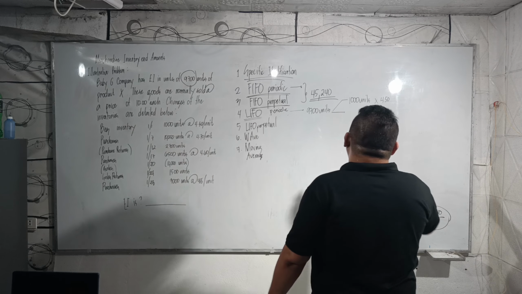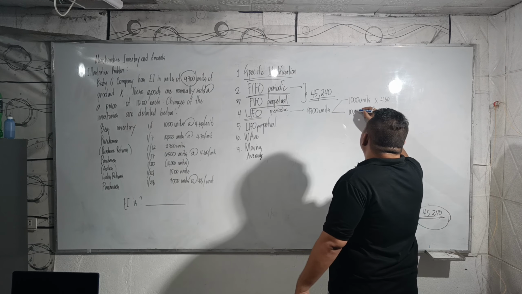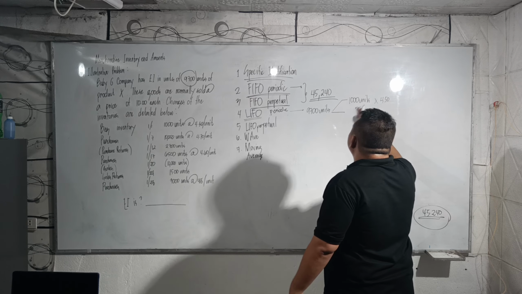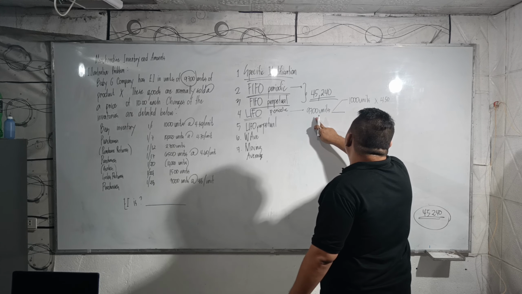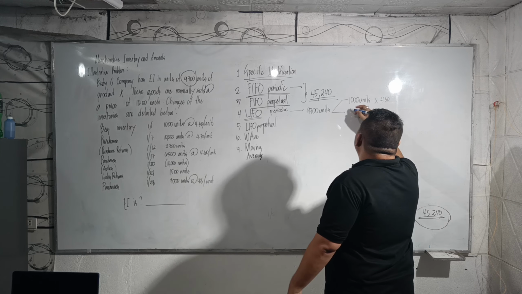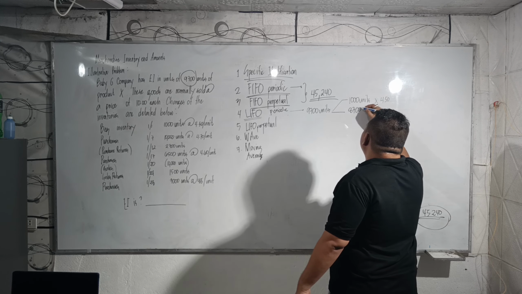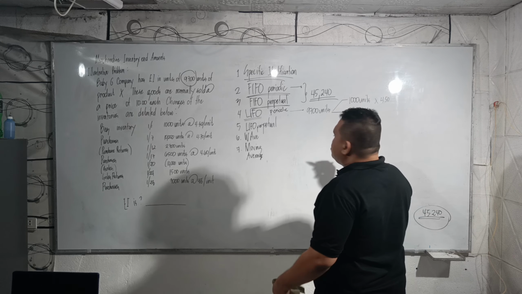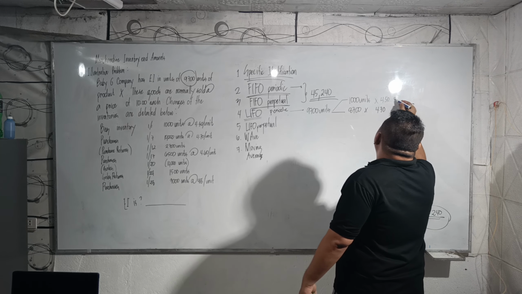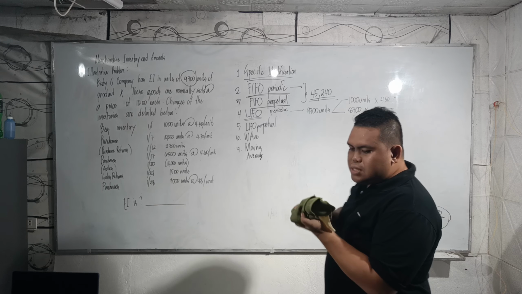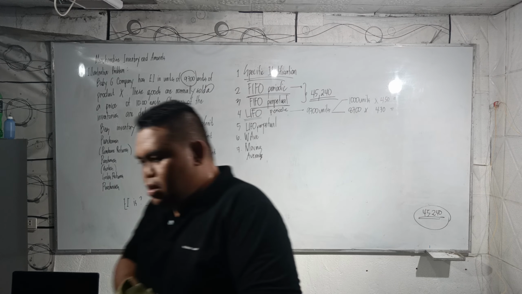So 10,000 units, no, not 10,000, because there are only 9,700 units left. Minus 1,000, that's 8,700 times 4.7. So that's last in, first out, periodic.